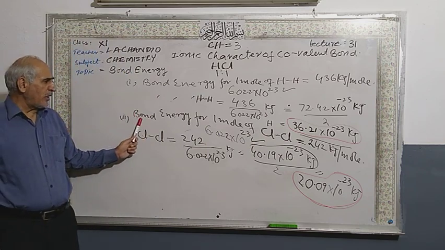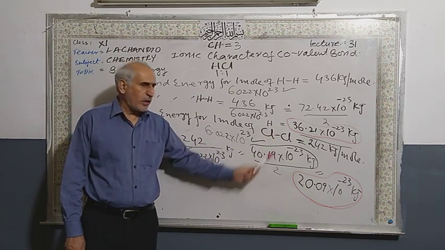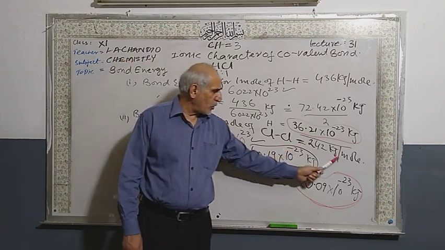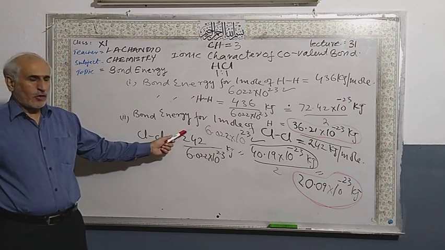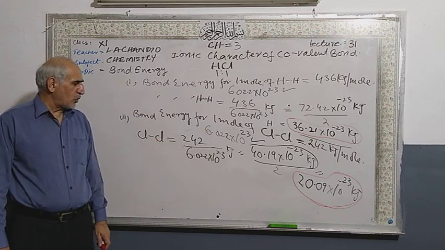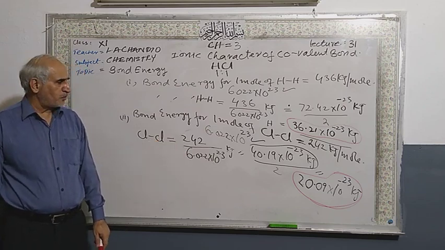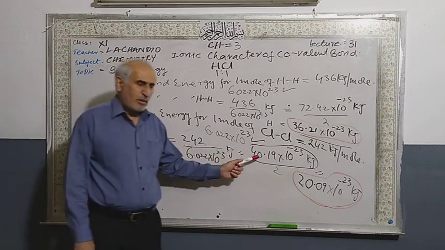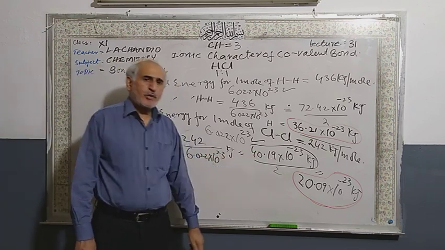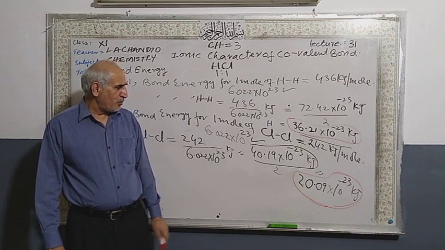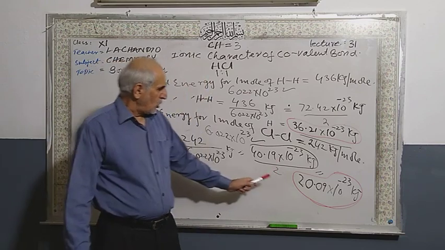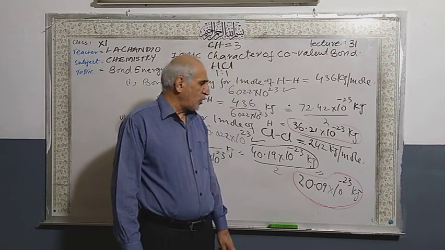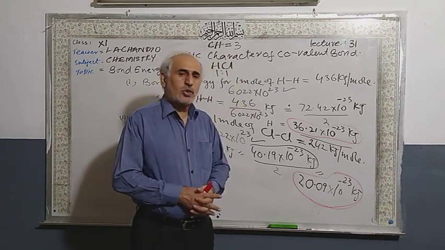Likewise for chlorine, 1 mole is 242 kilojoules per mole. 242 divided by 6.022 into 10 raised to the power 23 gives 40.19 into 10 raised to the power minus 23. For 1 chlorine atom, divided by 2, you get 20.09 into 10 raised to the power minus 23 kilojoules.